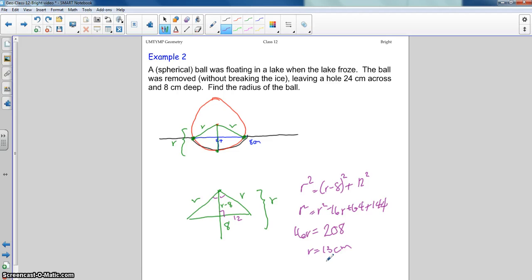So again, why did I do this? I saw that the portion of the indentation in the lake was 24 centimeters across.